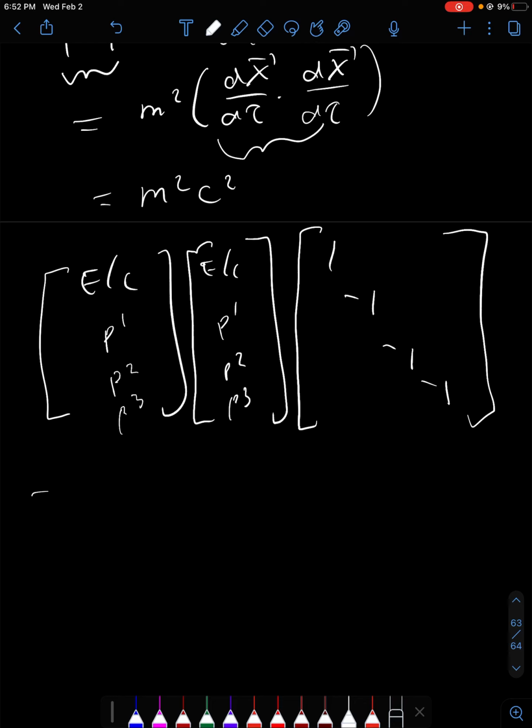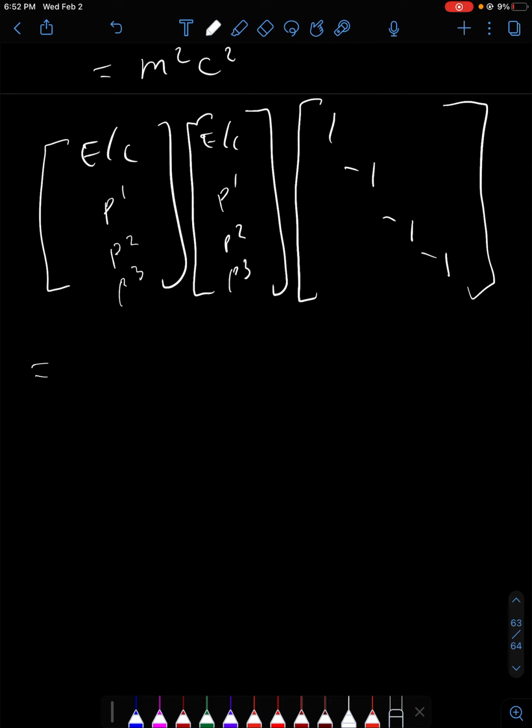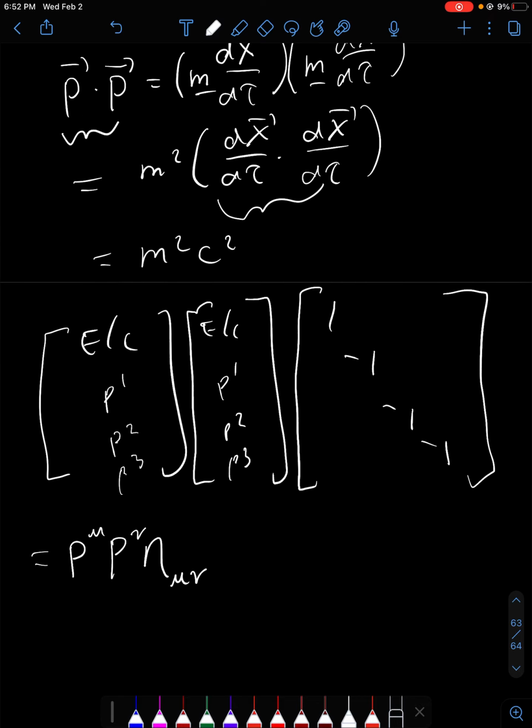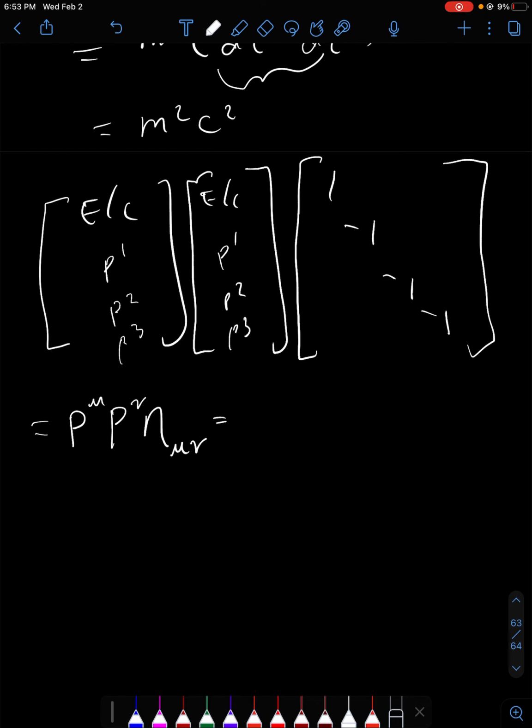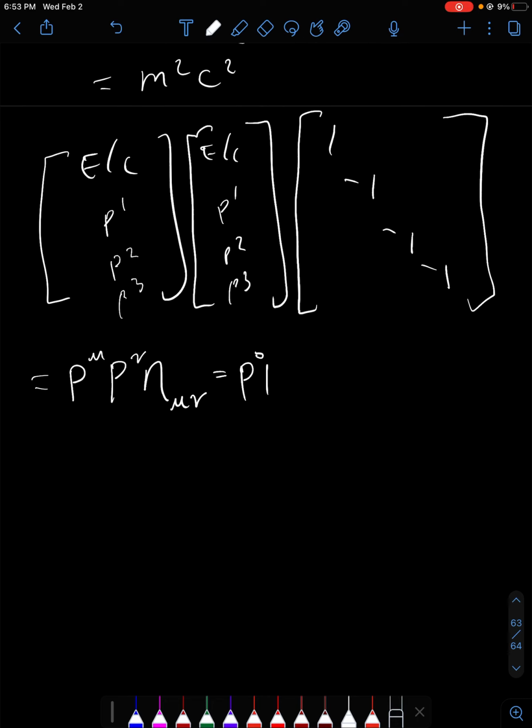Or in other words, it's p nu, p mu, and then the Minkowski metric. Or in other words, the dot product of the forward momentum with itself is going to be p0 squared minus p1 squared minus p2 squared minus p3 squared.